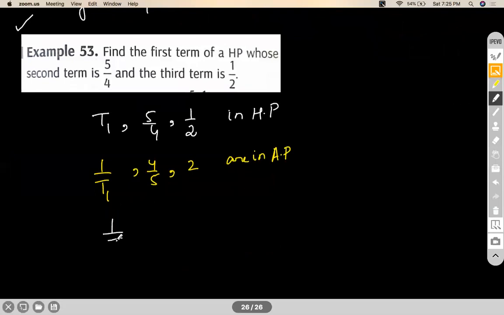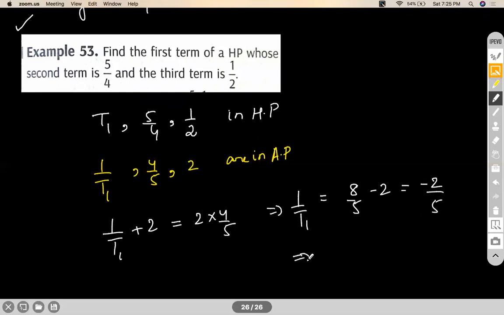So I can directly say that 1 by T1 plus 2 should be equal to double the middle term. That's the characteristic of an arithmetic progression. So 1 by T1 is equal to 8 by 5 minus 2. That's nothing but minus 2 by 5. So T1 will become minus 5 by 2.